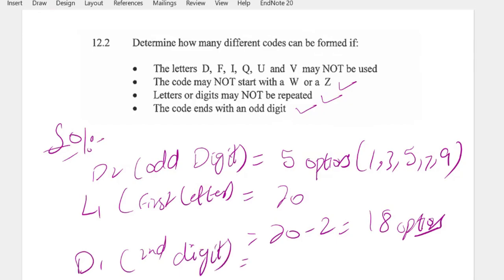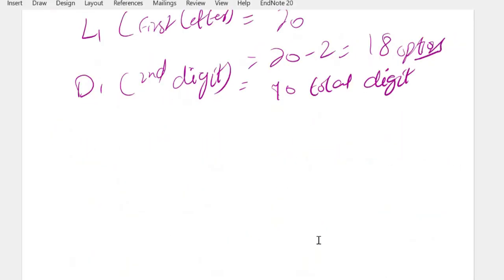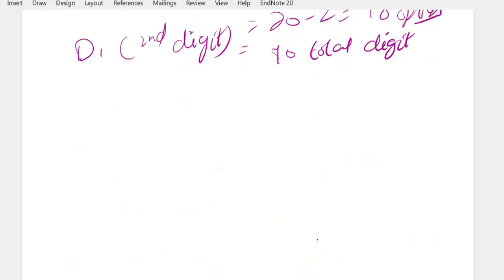This equals 10 total digits, and D2 is used, and repetition is not allowed. So 10 minus 1 equals 9 options.